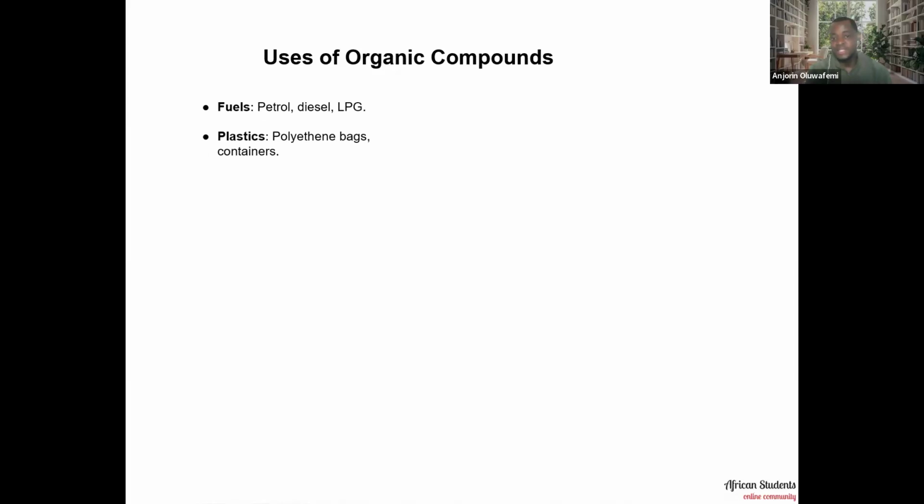They are used in making plastics like the polythene bags that we use in packaging items when we go to purchase things. These are made from polymerization, and these are some of the uses of organic compounds. They can also be used for making different containers, water bottles, plastic bottles, just to mention but a few. So it is the organic compounds that can yield them.